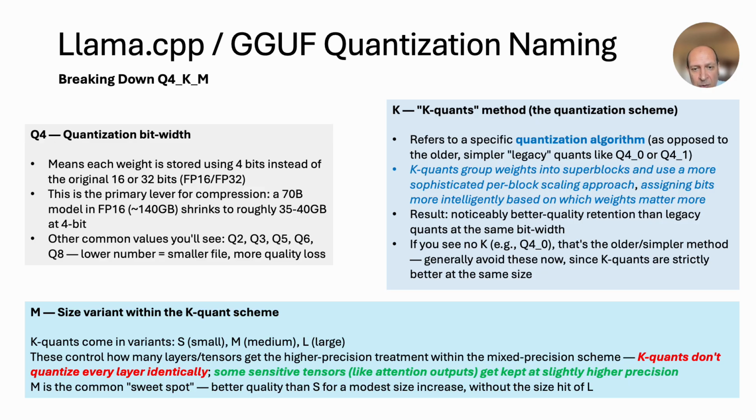We talked about this when we discussed K. Some sensitive tensors, like attention output, get kept at slightly higher precision. M is the common sweet spot, which provides better quality than S for a modest size increase without the huge size hit of the large size.